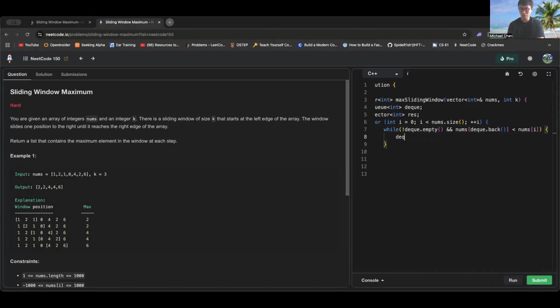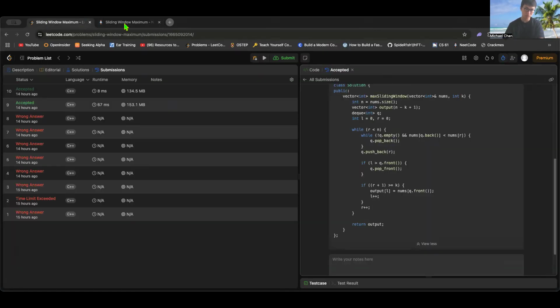Then what you want to do is dq dot pop back or front. You pop the back.